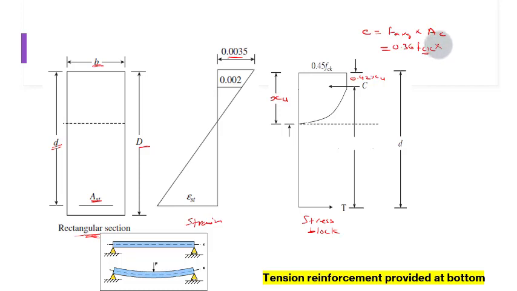And the area of concrete is the shaded portion, which you can see is B times neutral axis depth XU. This area is in compression. So C equals 0.36 FCK B XU. Okay.